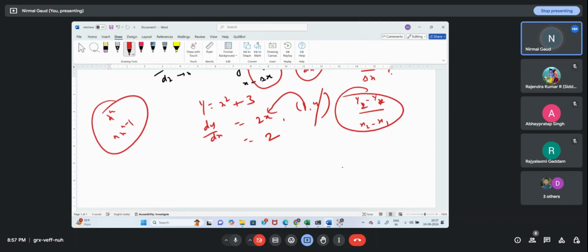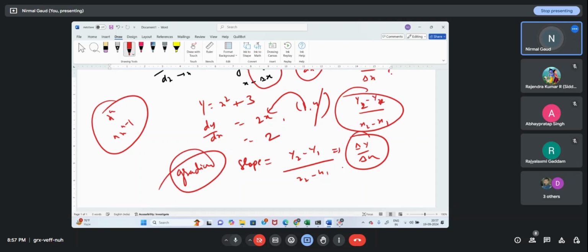The one which you are studying, slope, in your maths also you have studied y2 minus y1 upon x2 minus x1, this is slope. And they write it as del y by del x, and the small change itself we are calling a gradient.